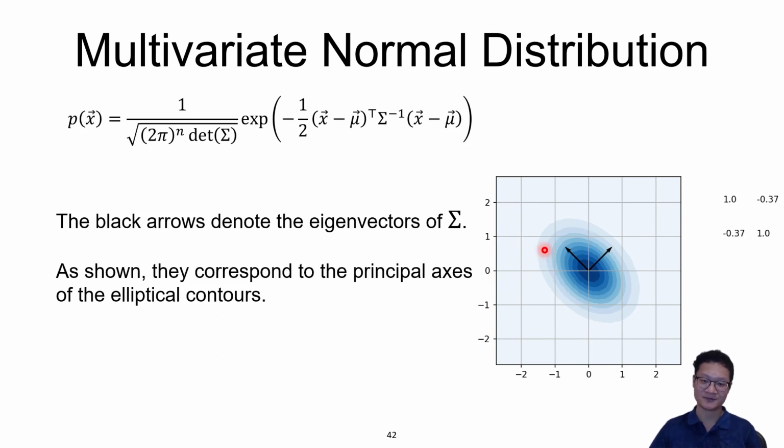This has to do with constructing the quadratic form using sigma inverse. The direction where sigma has high eigenvalue will be the direction where sigma inverse has the lowest eigenvalue, meaning that the function doesn't grow very quickly. That's why in those directions, the distribution is more spread out.